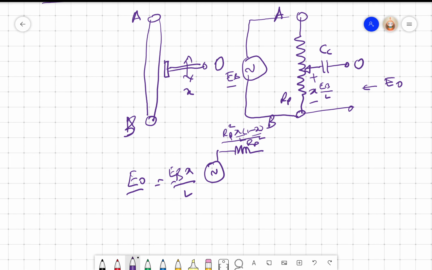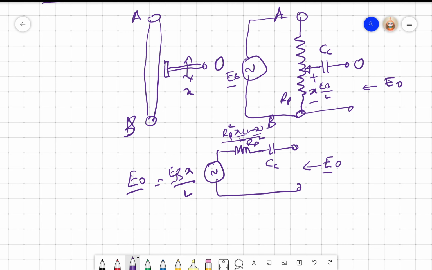I will have X times Rp and 1 minus X times Rp in parallel. So X times Rp into 1 minus X times Rp divided by X times Rp plus 1 minus X times Rp. That will be the value. And of course, I have the capacitor here, Cc. This would be the EC. So this would be the final E naught, right?